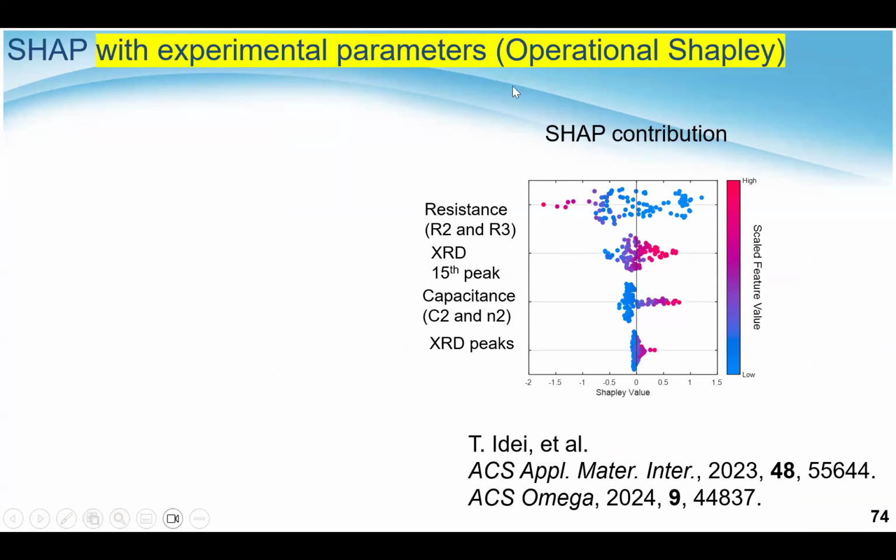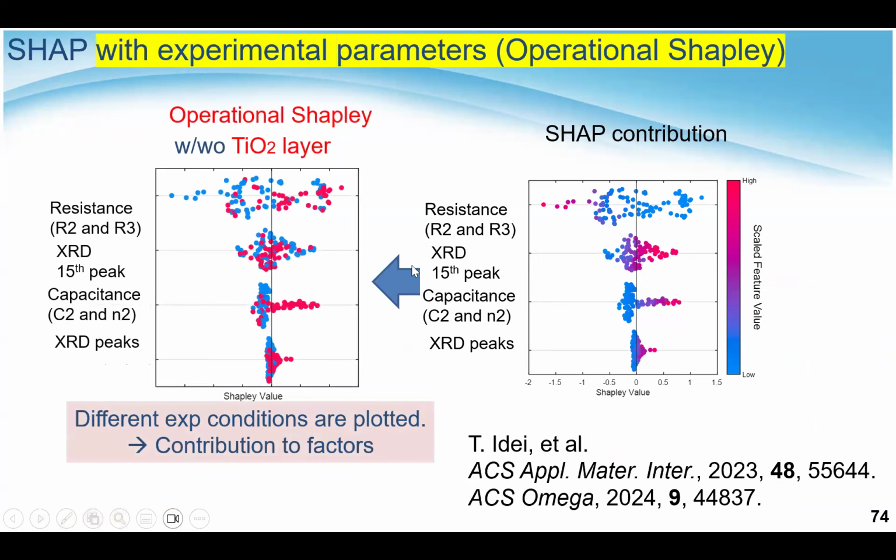And we developed operational SHAP. What it is and how it works: this is the original SHAP contribution. And we plotted this by changing the color depending on the experimental operation. In this case, with and without the TiO2 layer.